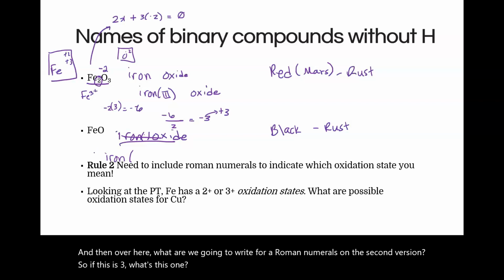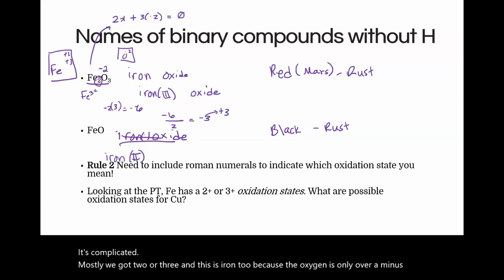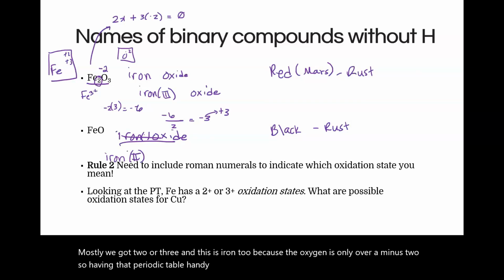There is no iron 1. Well, iron 1 is uncommon. It happens in biology, but it's complicated. Mostly we get 2 or 3. And this is iron 2 because the oxygen is only ever a -2. So having that periodic table handy to see what your options are is good.